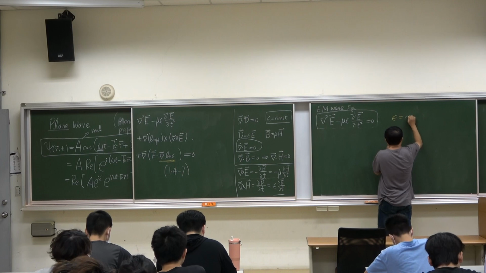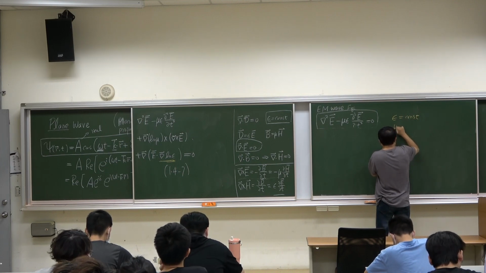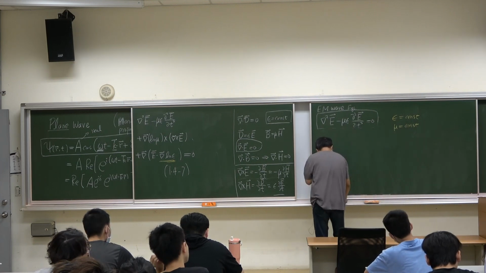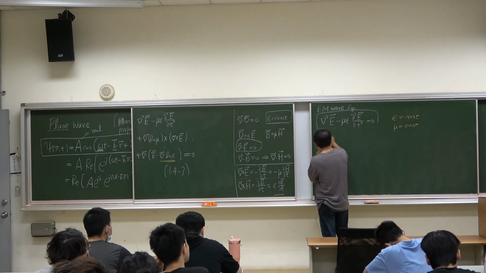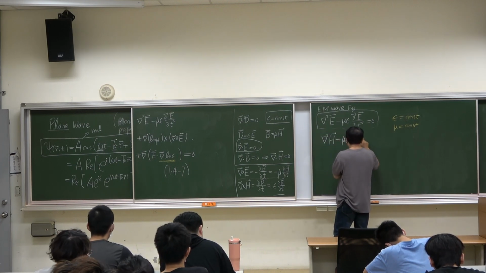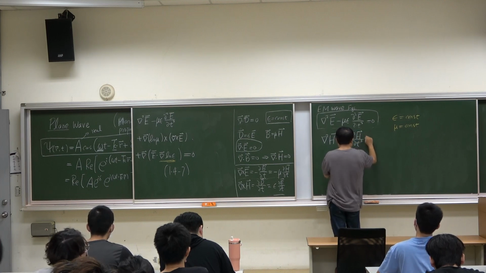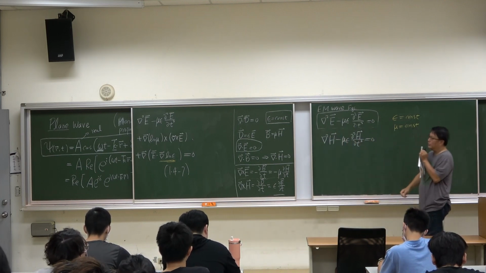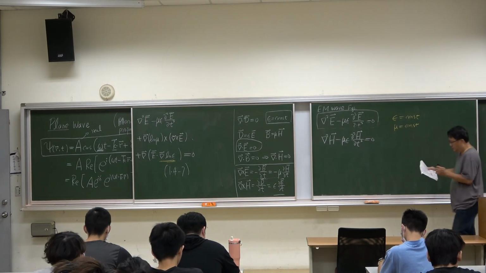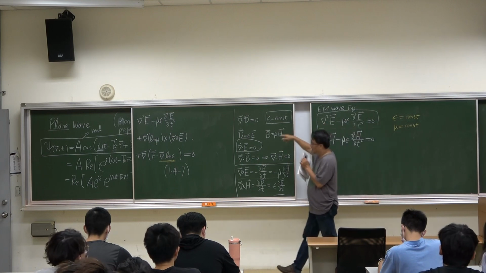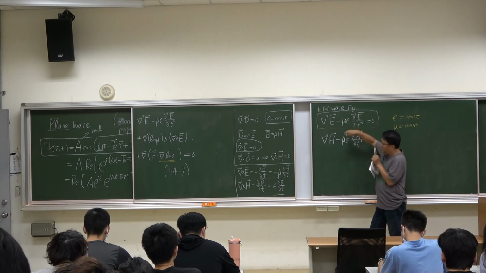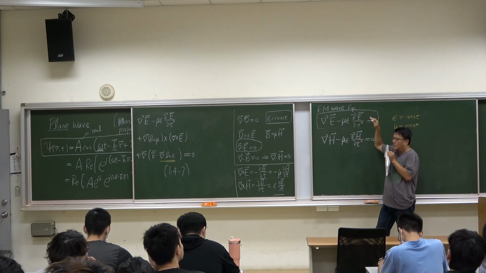So now we consider the simple situation that epsilon is constant and mu is constant. Then you can derive a similar equation for the H field. You will find that the H field also has the same wave equation. Now, this wave equation is a linear equation.